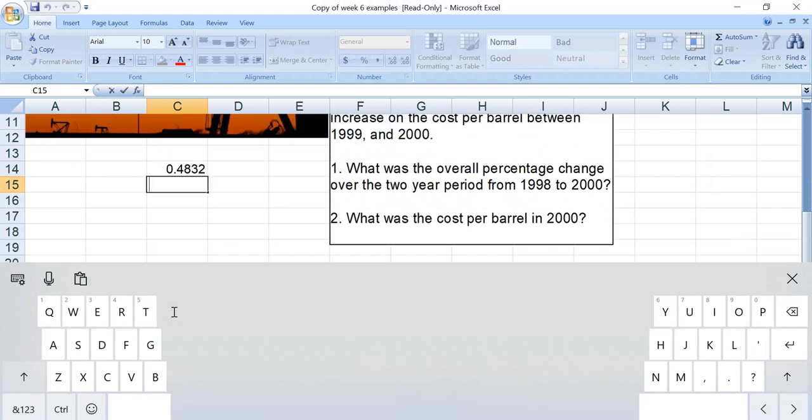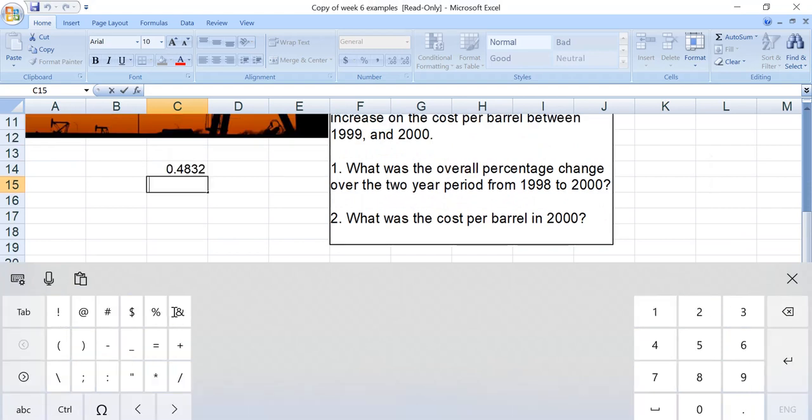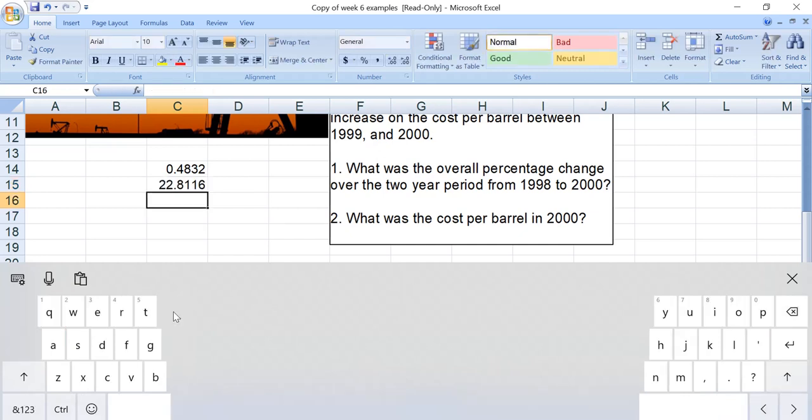So what we can do is use the simple percent change formula and take equal to 15.38 times, parentheses, 1 plus 0.4832. And that tells us that the cost per barrel in 2000 was $22.81.